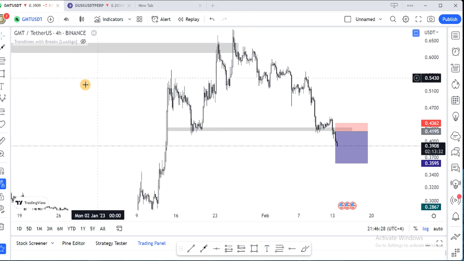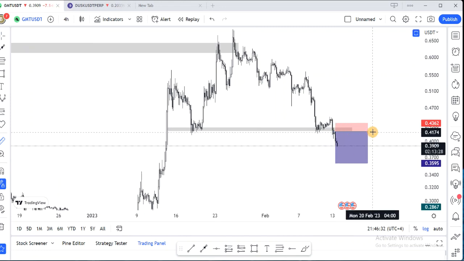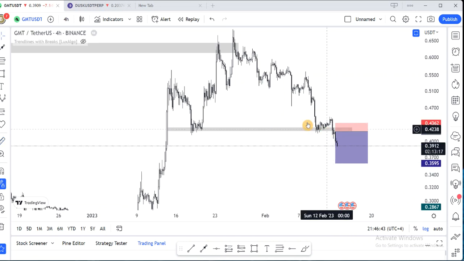It's quite something. So you check from here to here. This is 7%. 7%, 10x leverage, that's 70%. 70% with $100, that's $70, man.